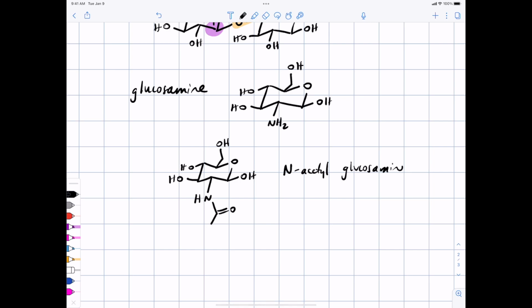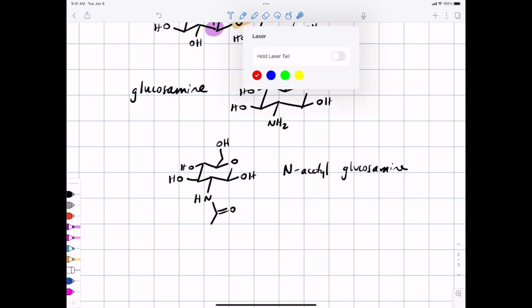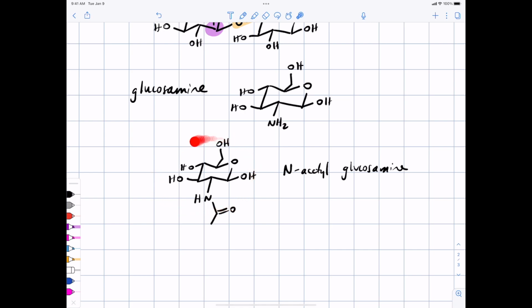There's nothing really to memorize here. If you see a nitrogen there, you can still define glycosidic linkages in exactly the same way. If you string together multiple N-acetylglucosamine subunits via beta-1,4 linkages, you have chitin, which is insect exoskeleton.